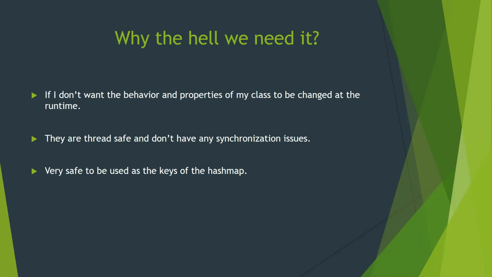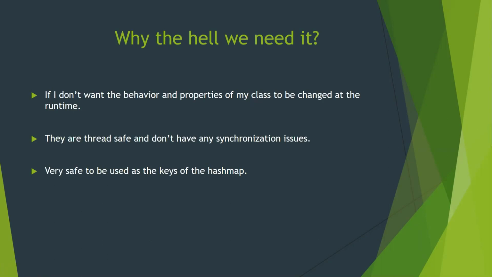One more point is it's very safe to use as the keys of the HashMap. Why is it safe? To understand this point, you need to know some of the internal implementation of the HashMap. When you put something in a hash map, it first creates the hash code of the object and puts it in the hash map. And when you get it, it just searches for that hash code and gets the object from the bucket. So suppose your object's properties are changed at runtime.